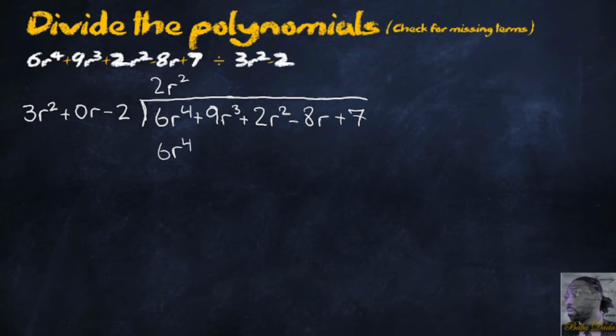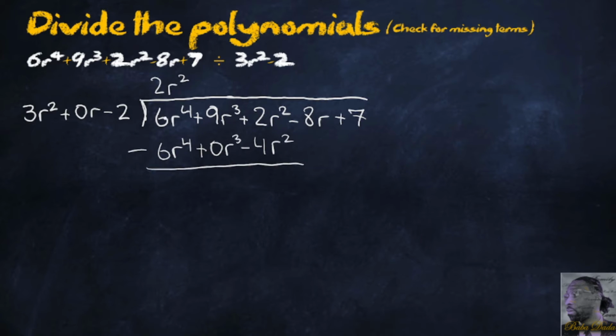And then we're going to multiply our 2r squared by 0r. So that would be 0 times 2 is 0, so plus 0r times 2 times 0, r squared times r is r to the 3rd. And then we're going to multiply 2r squared times negative 2, which is going to be negative 4r squared.